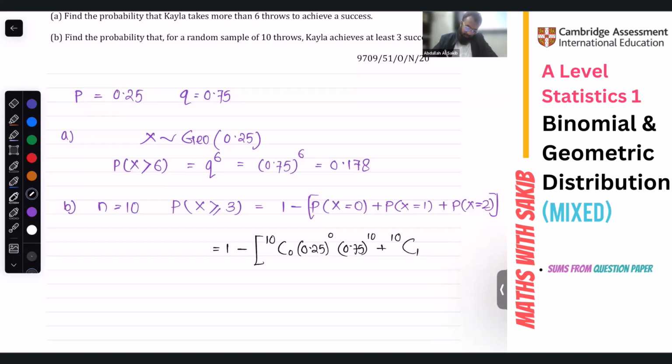Out of 10 throws, there is 1 success and 9 failures. Out of 10 throws, there were 2 successes. So now we can directly do this math from the calculator. We are taking binomial CD variable. There are 2, n is 10, p is 0.25.